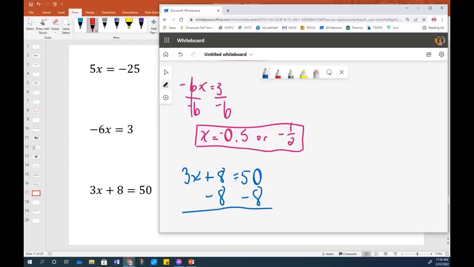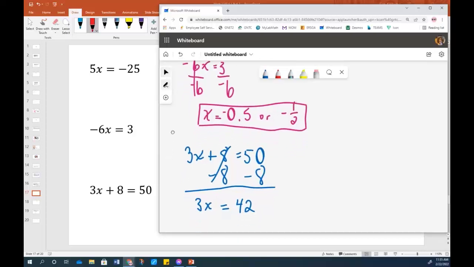So when we say subtract 8 from both sides, remember that's both sides of the equal. So you're going to put one of them right under the 8. Those cancel. But your other one, I commonly see students put it over on the same side of the equals, but that won't work. You have to do the other side. So 50, it's like we're wanting to unadd 8. So to unadd 8, we are subtracting it. So then we end up with 3x equals 42.